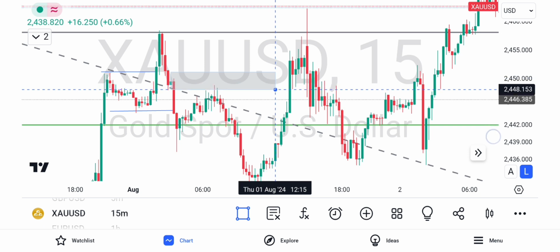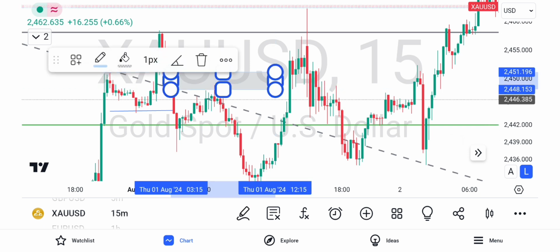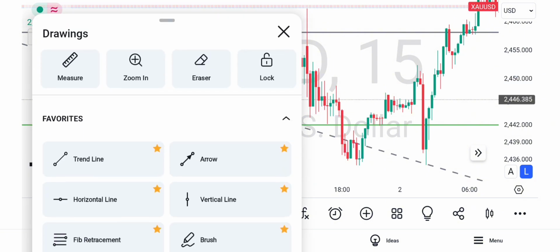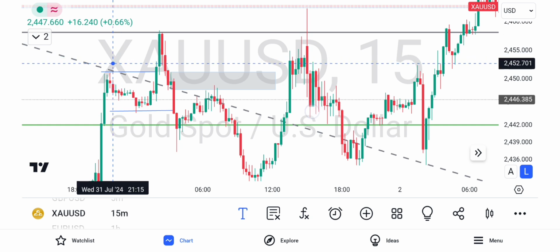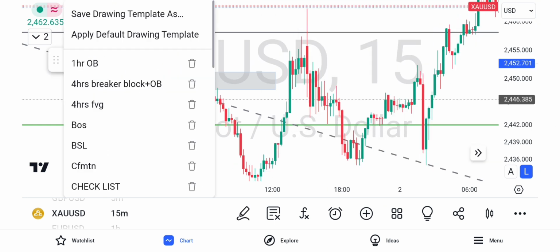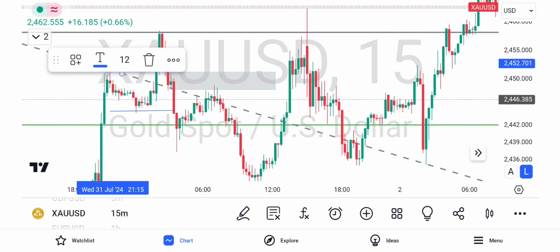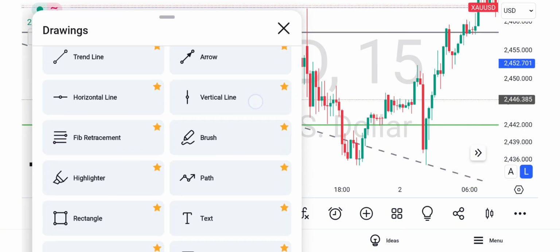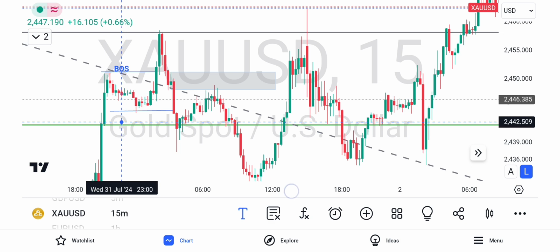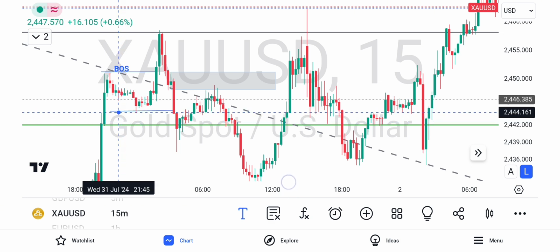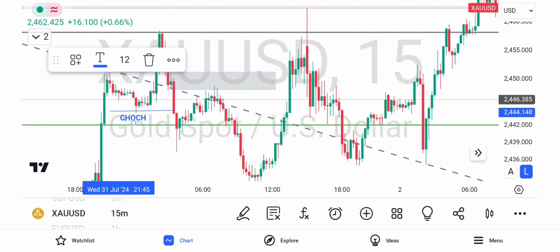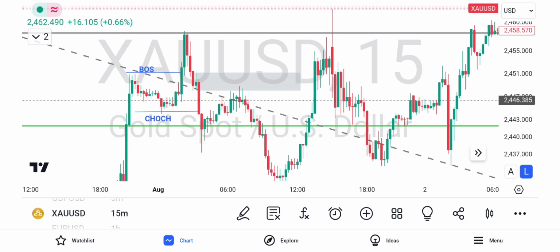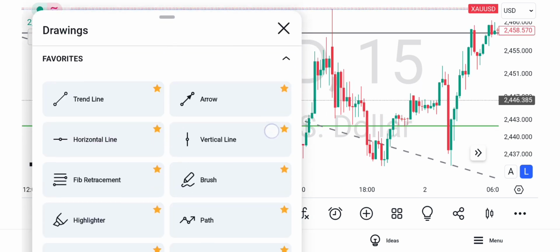So we have this, right? Boom, thank you. Now let me annotate it so that we can also forge ahead in that capacity. So we have this break of structure, we have this again, change of character, then we have the sweet OB order block, right?